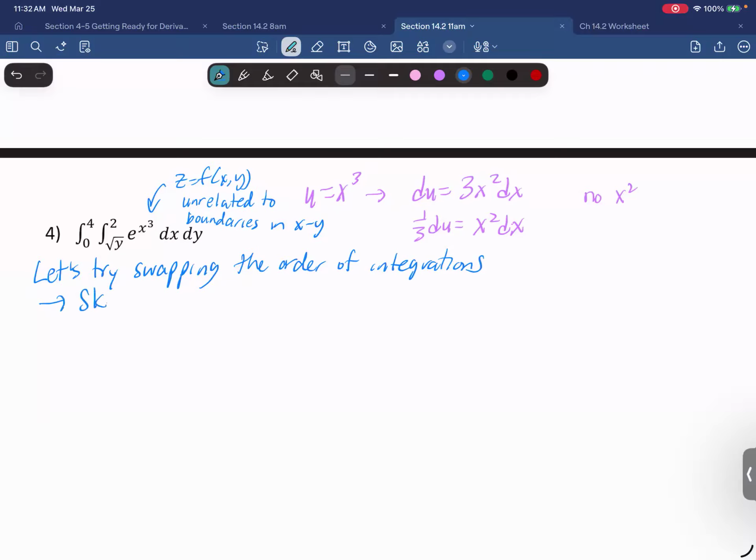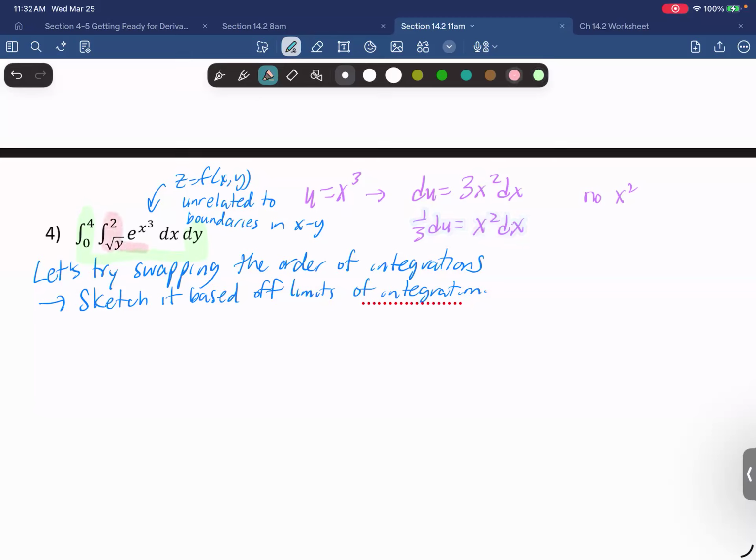So sketch it based off the limits of integration. And this might be helpful to write out what they are. I'm going to use a highlighter to connect dots here. This 0 to 4 is going with the dy, so it's a y thing.